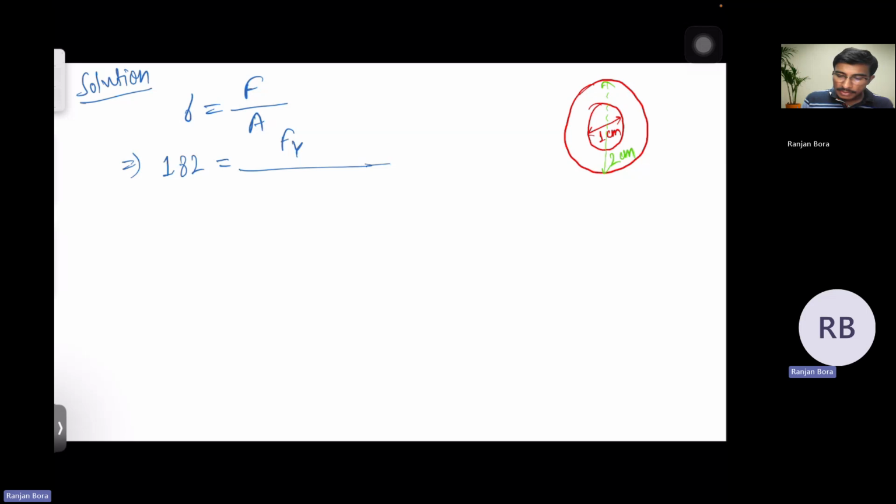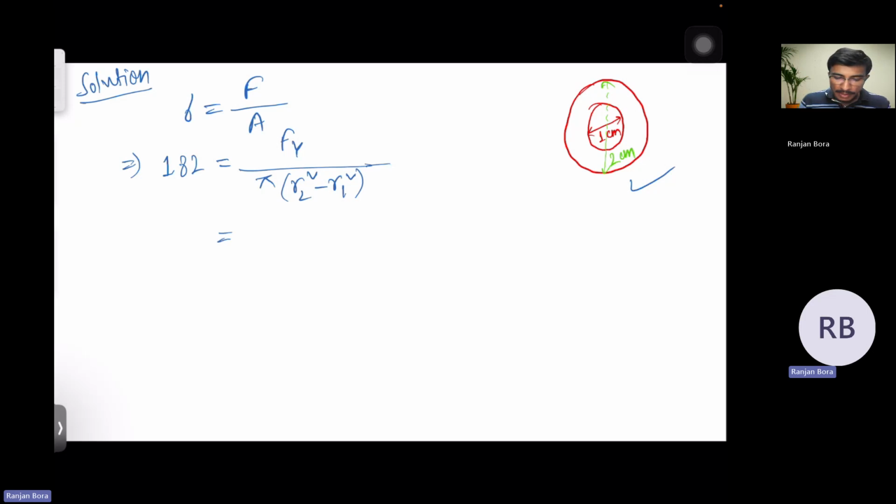What is the cross-sectional area for this cross section? It will be pi times (R2 square minus R1 square), where R2 is the radius of the outer periphery and R1 is the radius of the inner periphery.